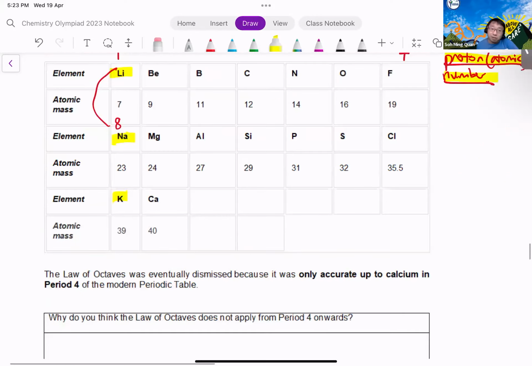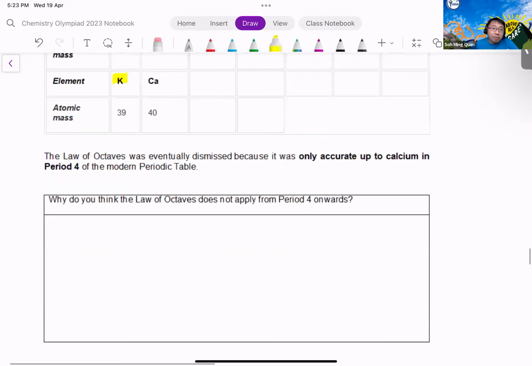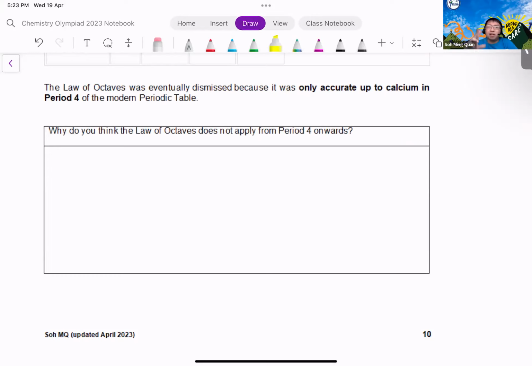It was eventually dismissed because when you discover more elements and you try it out, it doesn't really seem to work. It was only accurate up to calcium. And if you think about it, this is where your chemistry teachers probably taught you until, right? You only know how to fill in electronic configurations for elements up to calcium.